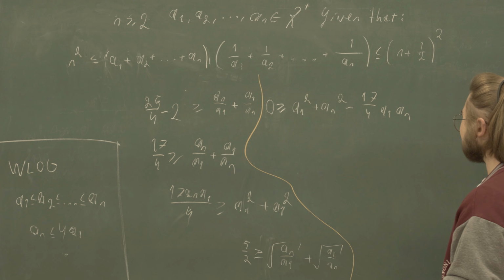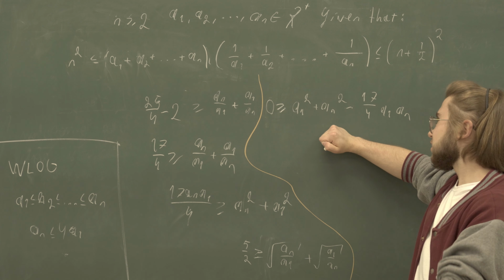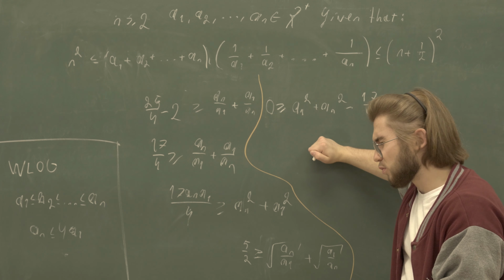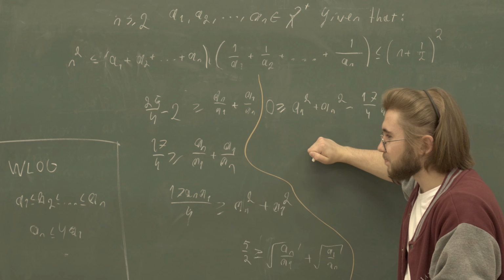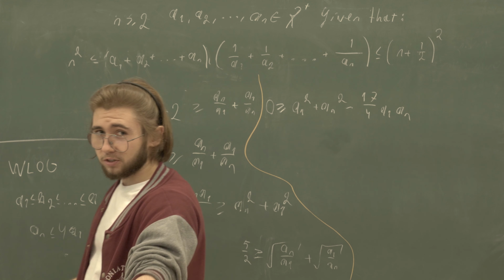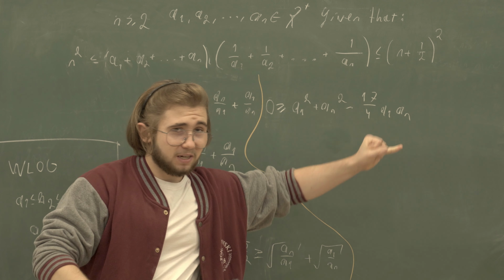Now there's a pretty neat thing here, because we would like to prove that an is less than or equal to 4 times a1. And there will be absolutely no chance of doing that unless we get this right-hand side to some kind of a product form.